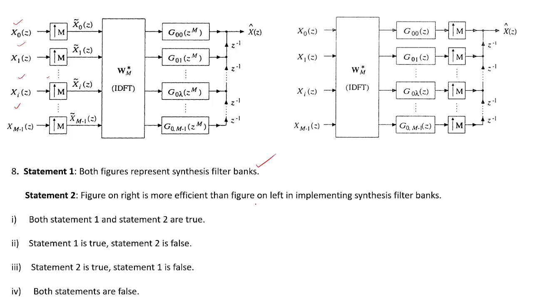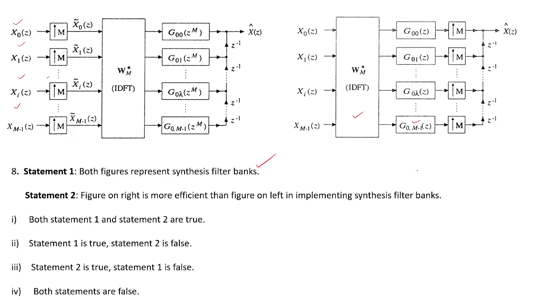Now statement 2 says that the figure on right is more efficient than the figure on left in implementing synthesis filter banks. We'll see whether the statement is correct or not. Now see on the figure on right, you perform this upsampling operation after performing all this IDFT and then filtering.